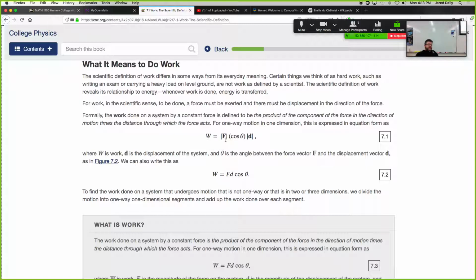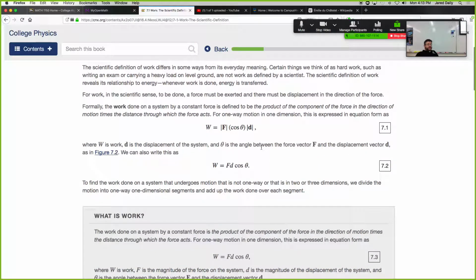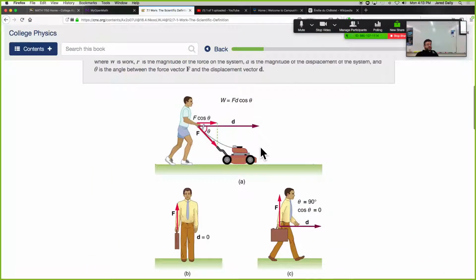It's equal to the force that you apply times the distance that the object moves in the direction that you push it. For example, if you have a lawnmower like this and you're pushing it, you're actually pushing along the handle, this way, just because the handle is pointing this way. But part of your pushing is going into moving the lawnmower in the direction that it's actually going to move, because it's going to move horizontally, right?